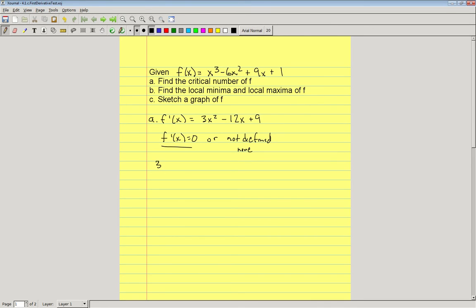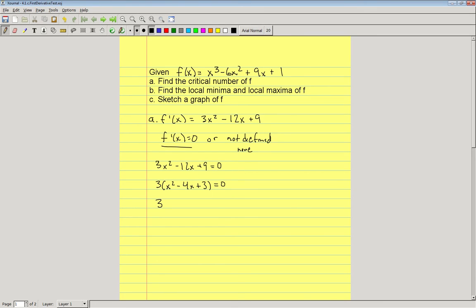So we are going to set the derivative equal to 0 and solve. We see that I can factor out a 3 from each of our terms, which leaves us with 3 times the quantity x squared minus 4x plus 3, all equals 0.